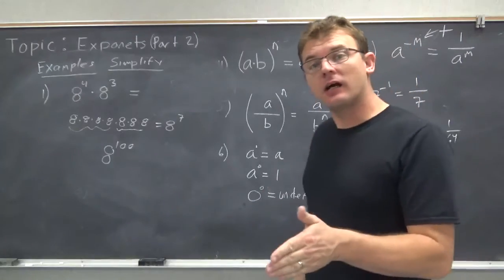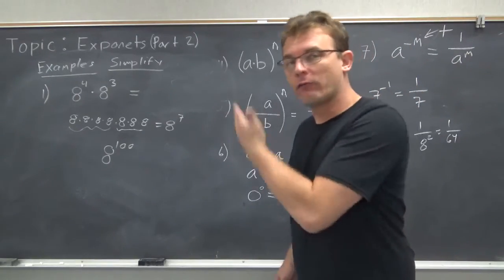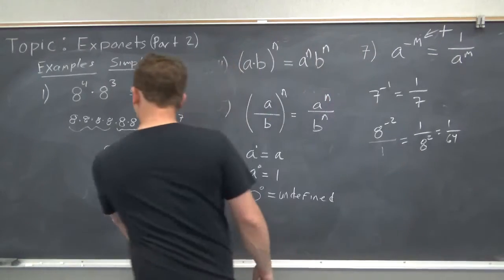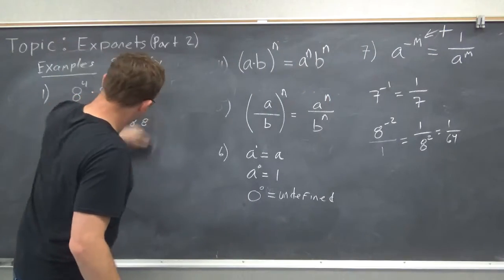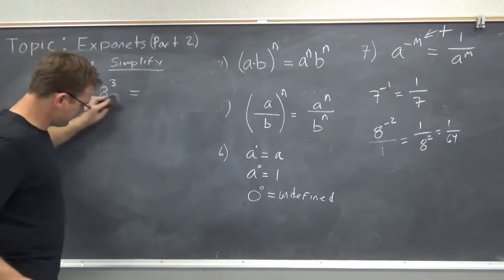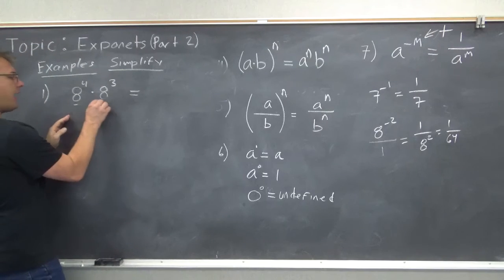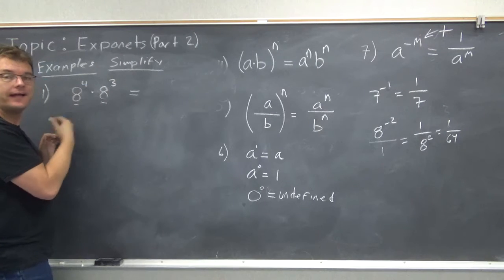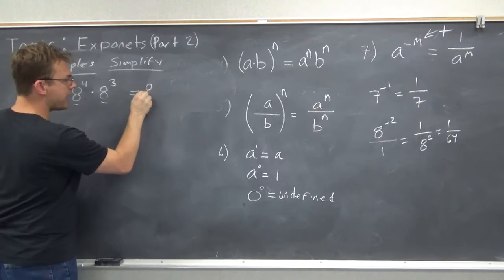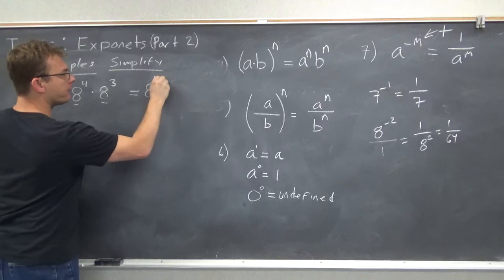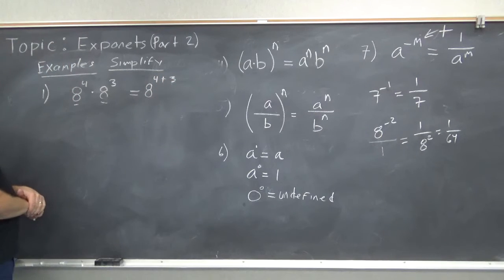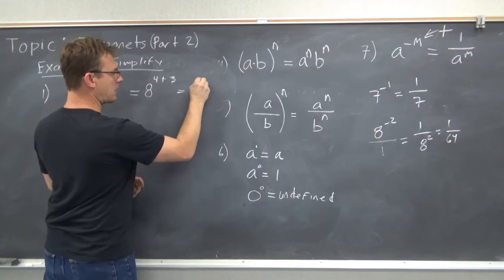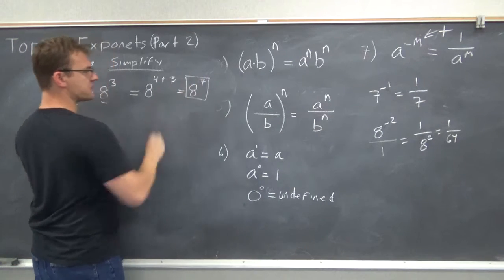But is there a rule that makes this easier on me? And the answer is yes, there is. So that rule was, if I have the same base, 8, I'm going to add the exponents. So this is 8, 4 plus 3. 8 to the 7th.